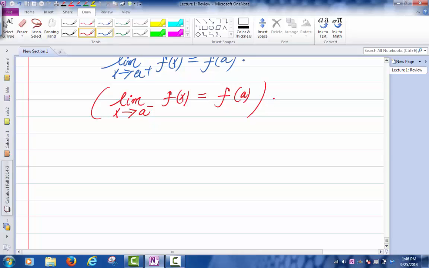Okay, so here's another terminology we're going to use here.